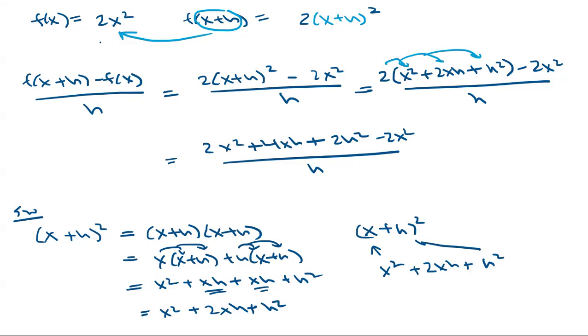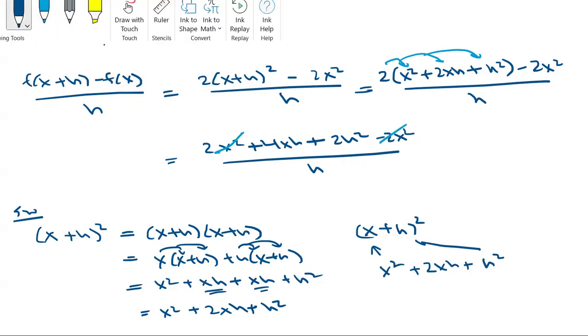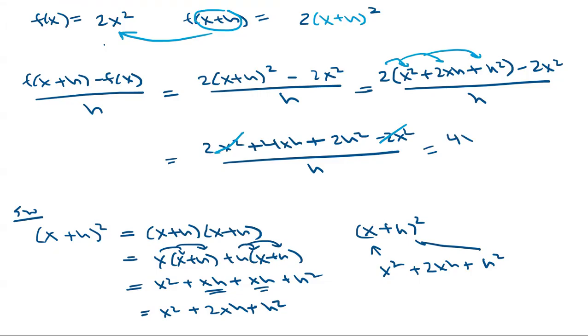And as I mentioned, if we did this correctly, then a lot of the terms will cancel out. So the 2x squared terms are going to cancel. And then we have 4xh plus 2h squared divided by h.